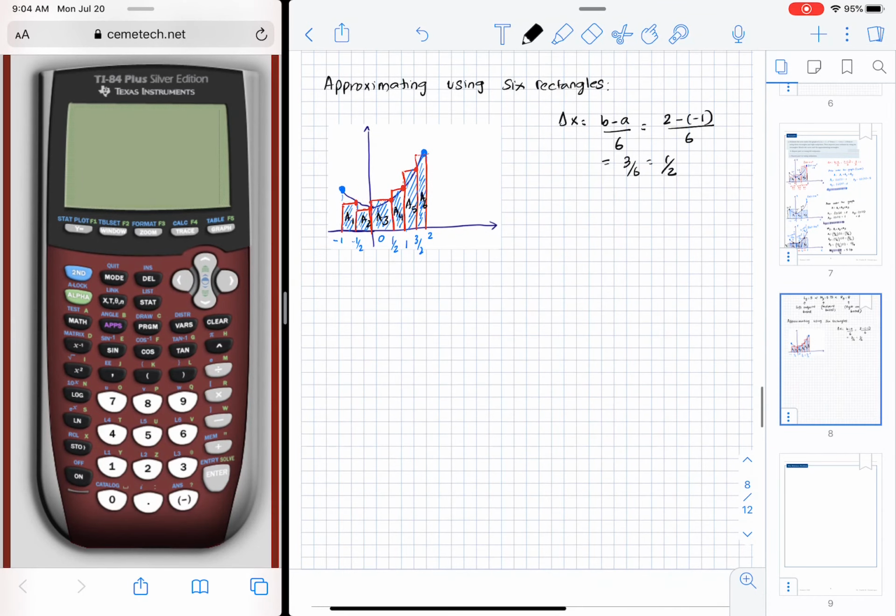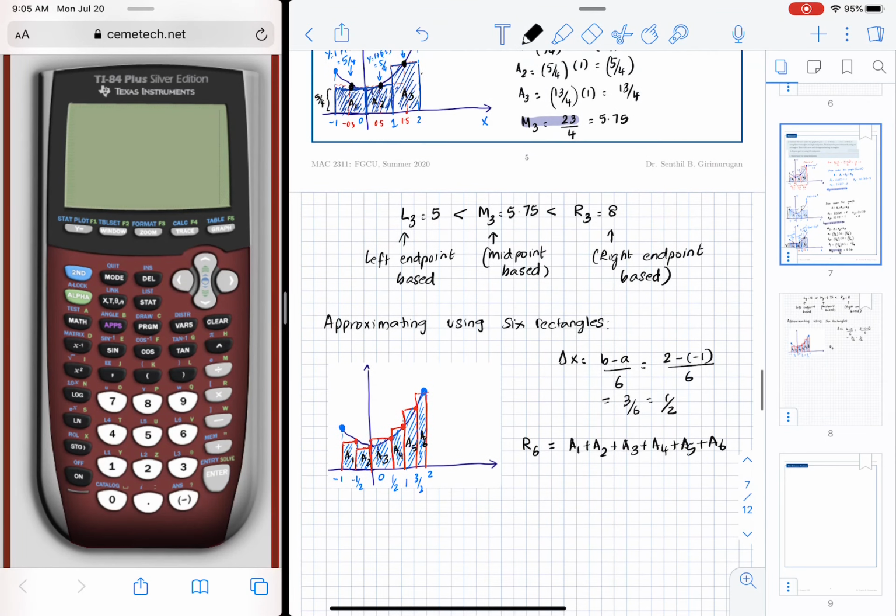So let's find R6. I'm using the right endpoints, using 6 sample points, hence I'm going to put it as R6, and that would be the sum of A1, A2, A3, A4, A5, and A6.